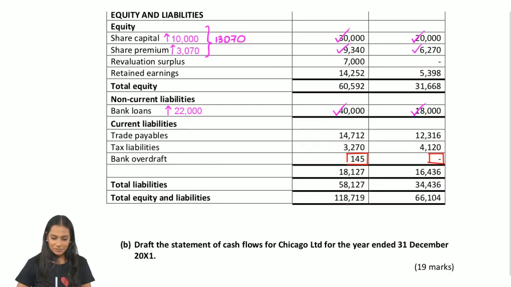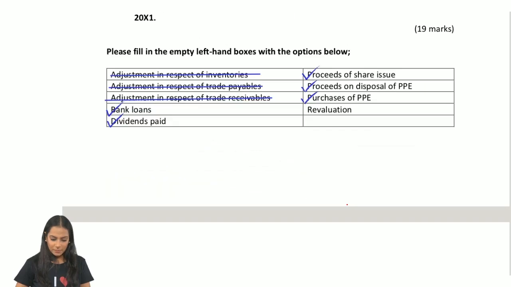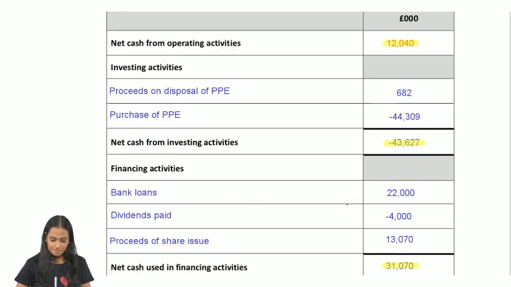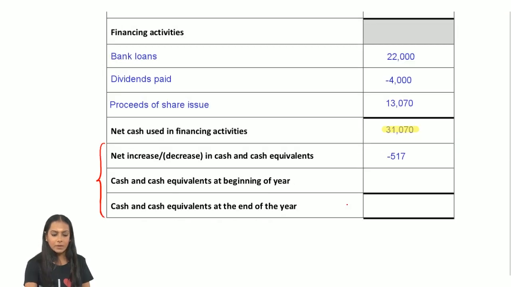On the next page, we have cash and cash equivalents at the start of the year, that will be 372. But the cash and cash equivalents at the end of the year, that is a negative 145.